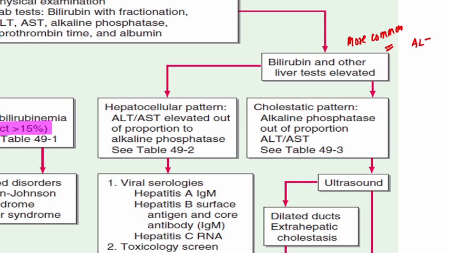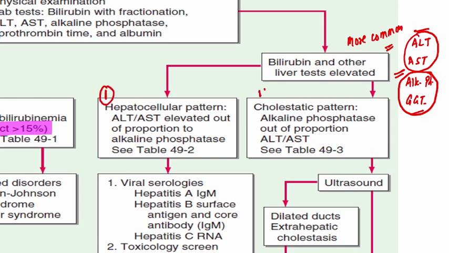ALT, AST, alkaline phosphatase, gamma glutamyl transferase, right? These two are the markers of liver injury. These two are the markers of cholestasis. Whenever these enzymes are elevated, two patterns of liver injury are formed.